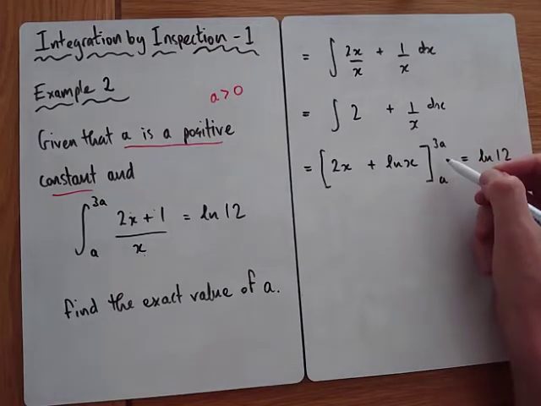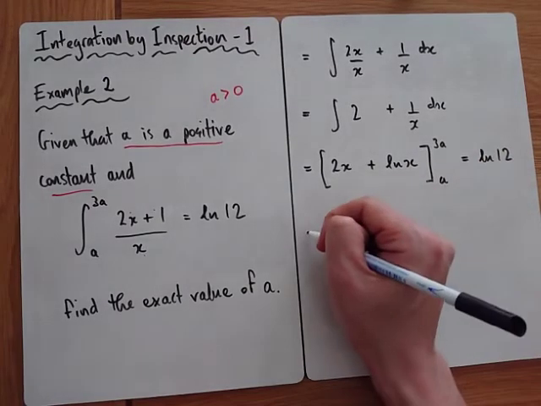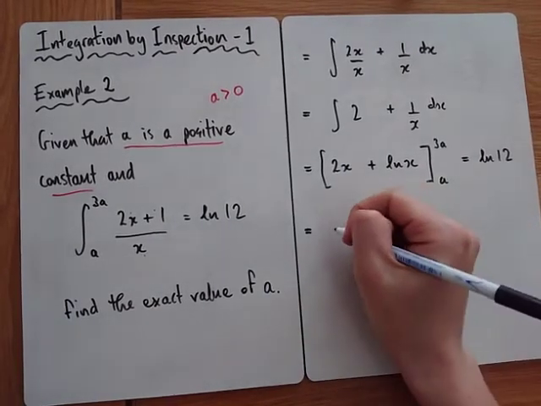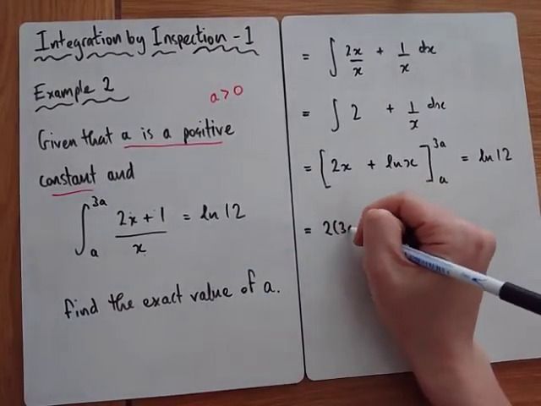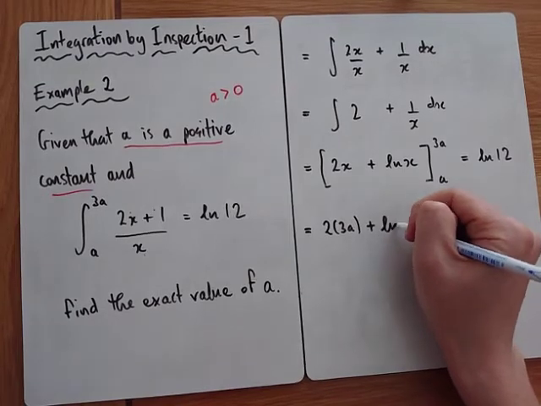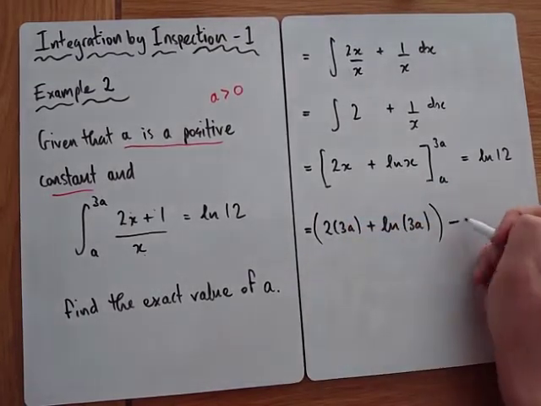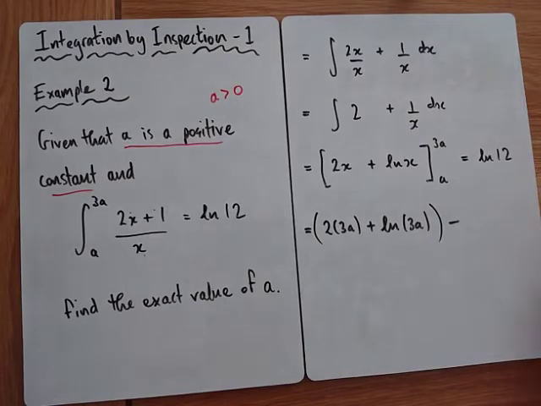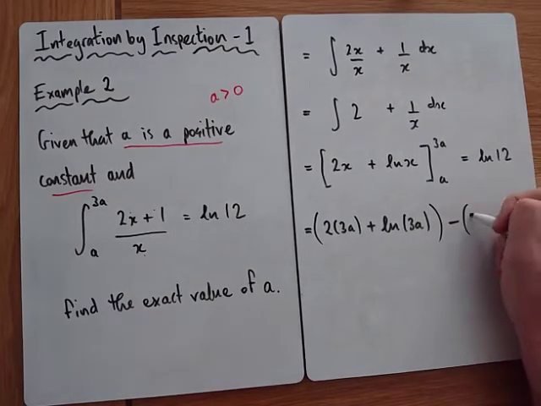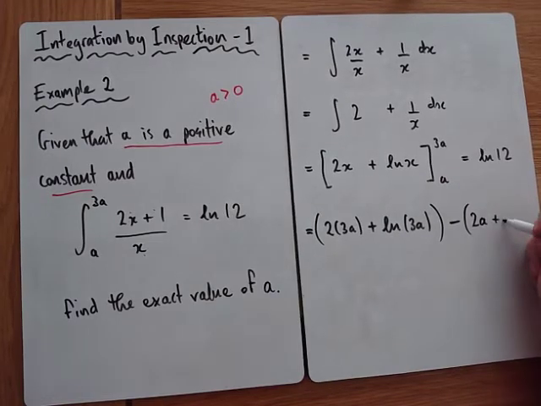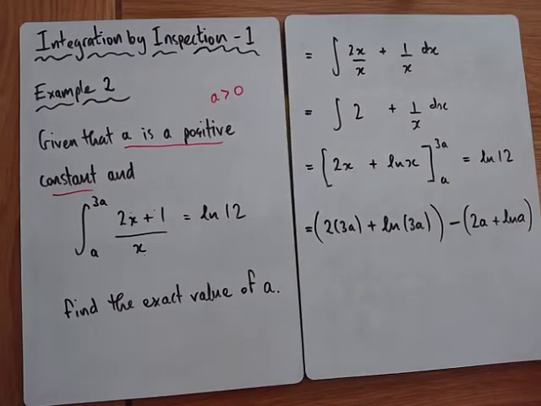So if we sub 3a into our first bracket, we're going to get two lots of 3a plus ln 3a, big bracket, minus subbing your second limit. So that would be, don't forget this bracket because we've got two terms, 2a plus ln a.